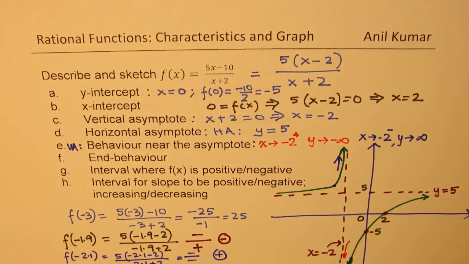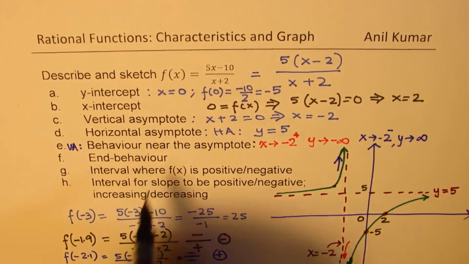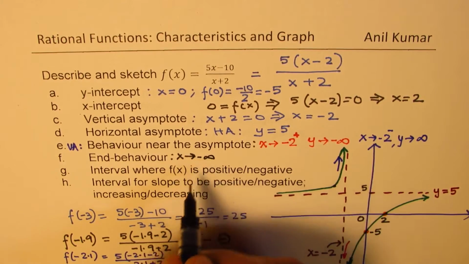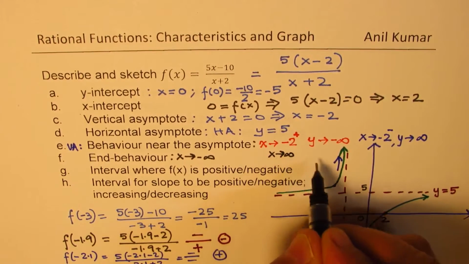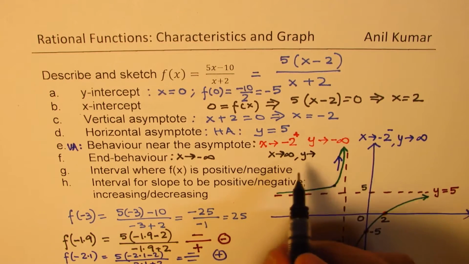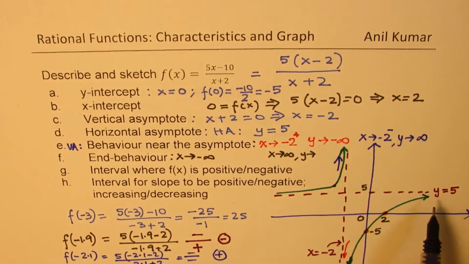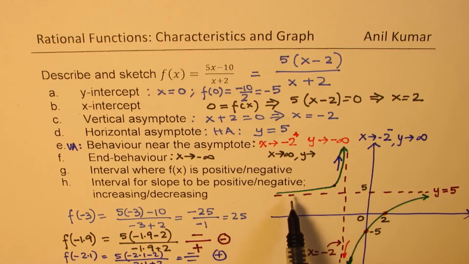Now let's talk about end behavior, which is behavior near the horizontal asymptote. When we say end behavior, we are looking at two points. When x is approaching minus infinity, what happens to y? And when x approaches positive infinity, what happens to y? That is what we are interested in. Both ways, it is approaching 5, but is it lower than 5 or higher than 5?